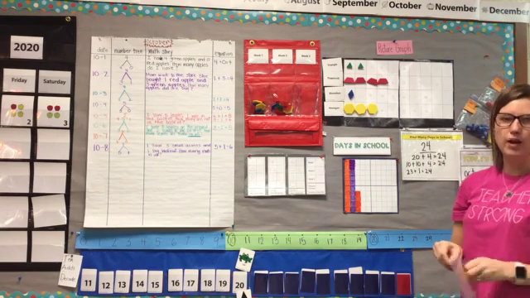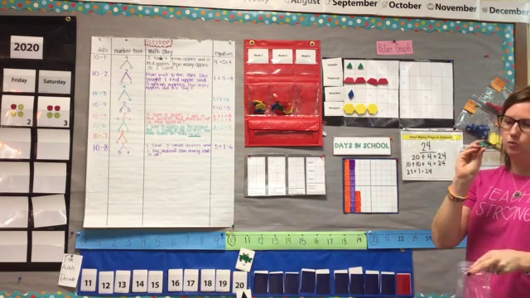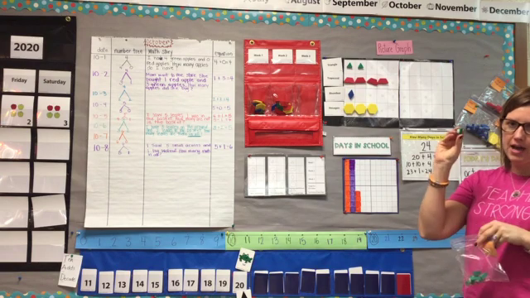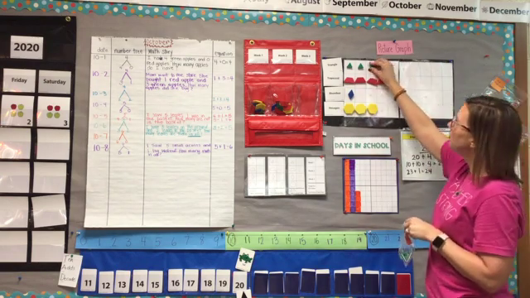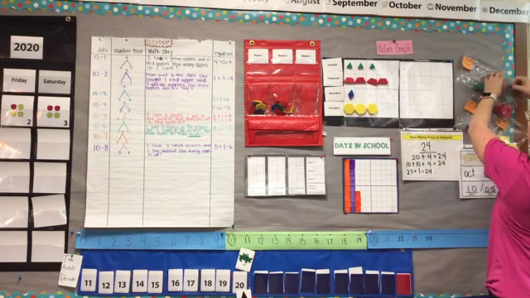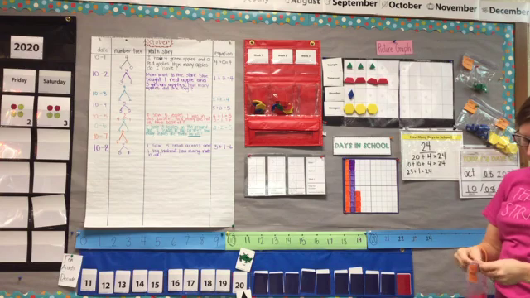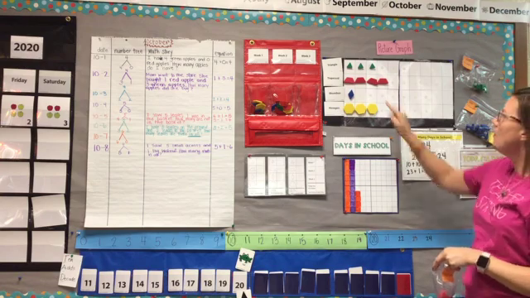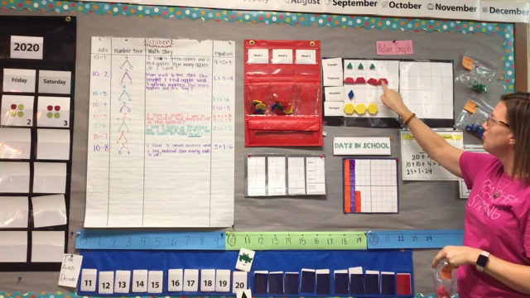So I have 2 triangles up there right now. So if I'm going to add one more, how many do I have? 3. 1, 2, 3. Going to add a red trapezoid. Right now I have 1, 2, 3, 4.